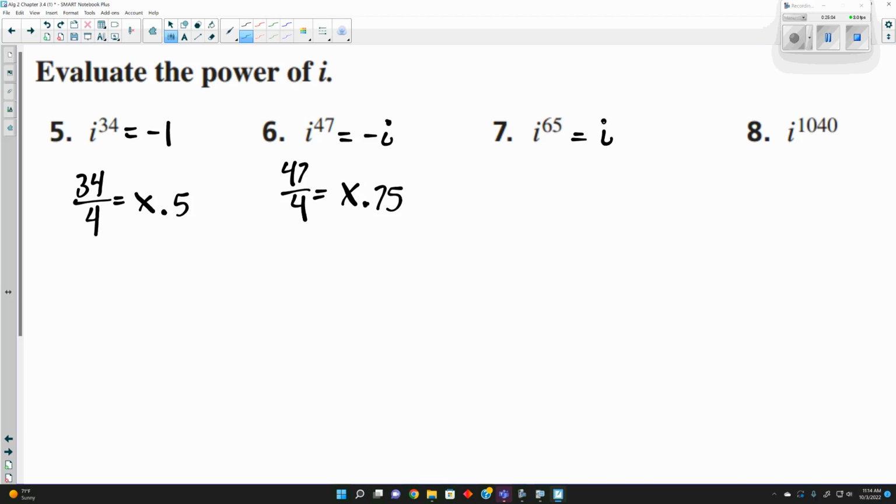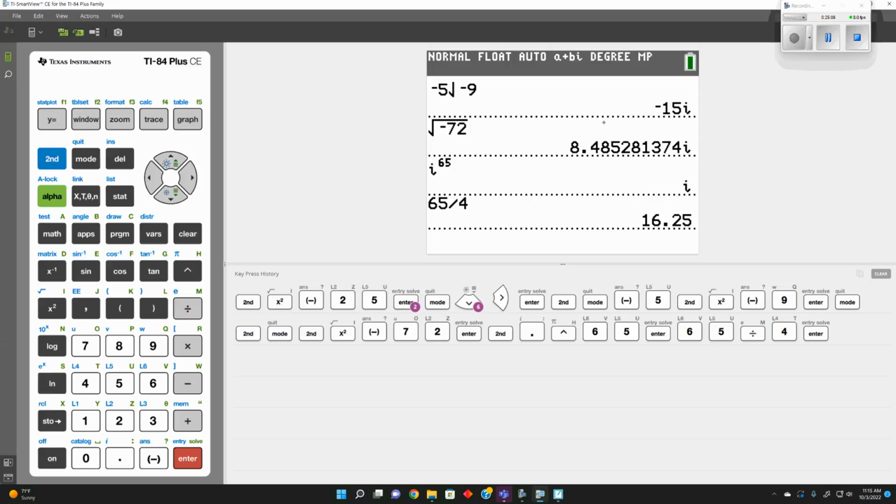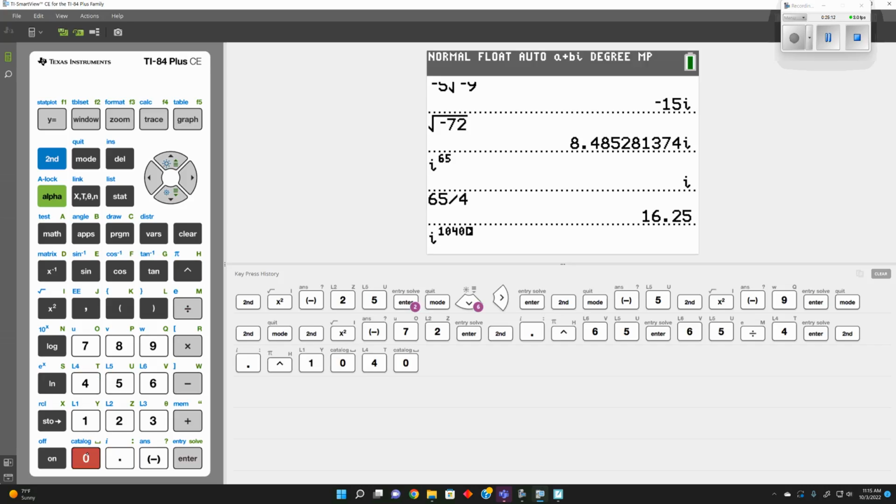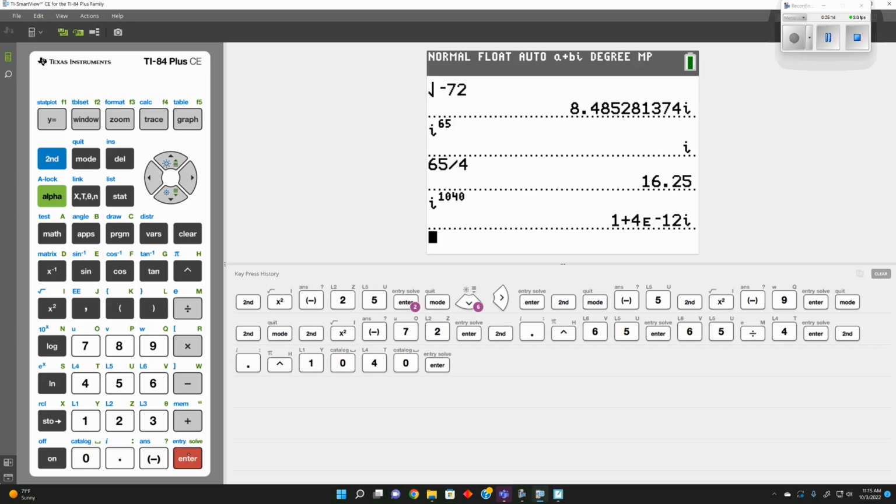So we could do the same thing for the last one, 1040. So we can go second, i to the 1040. Now it gave us this here. The 1 plus 4 e to the negative 12 i is just saying 4 is multiplied by 10 to the negative 12. That e to the negative 12 is telling us it's times 10 to the negative 12.